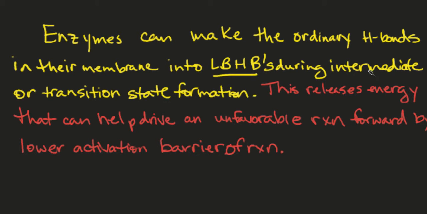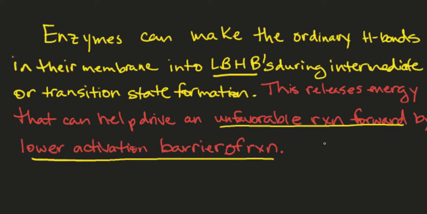Let's say it's in an intermediate step or a transition state has been formed. We form this LBHB, and in doing so release a bunch of energy, and this released energy can help drive an unfavorable reaction forward. And it does this by lowering the activation barrier of that reaction.